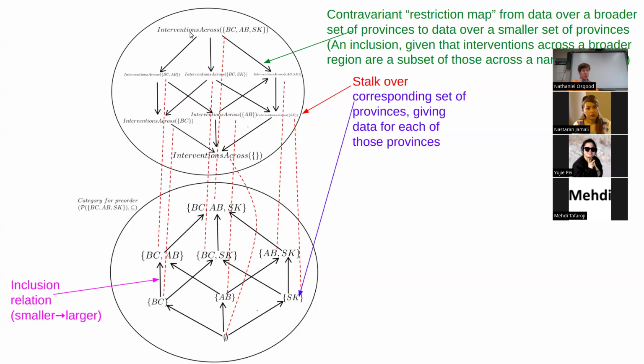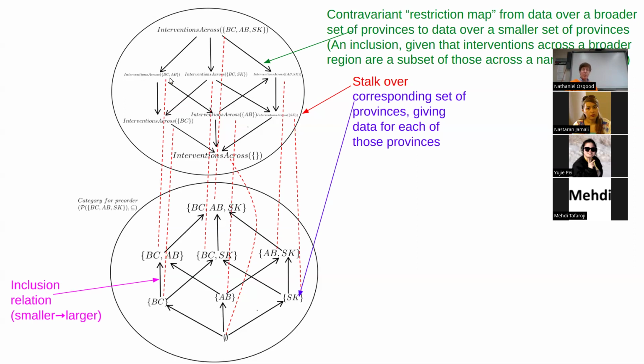Which set is larger? Which set could be larger? Is it the interventions in place across all three, throughout that entire region, that will be larger than those in place across just BC and Alberta? Or is it possible that if we consider those just in place across BC and Alberta, that that's larger than this? Which could be larger?